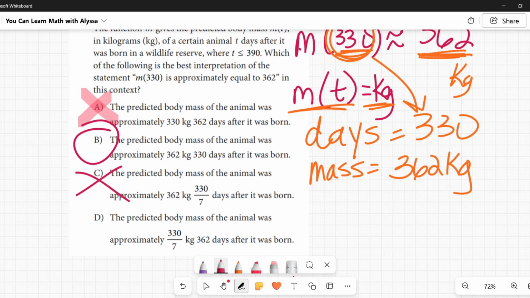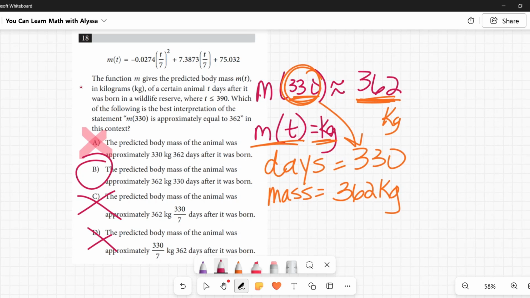And D, the predicted body mass of the animal was approximately 330 over 7 kilograms, 362 days after it was born. Nope. Very straightforward. It's just B. So it didn't matter. This is really just a test of you knowing what a function means and being able to interpret a word problem and not so much doing the math. But my answer there is B.